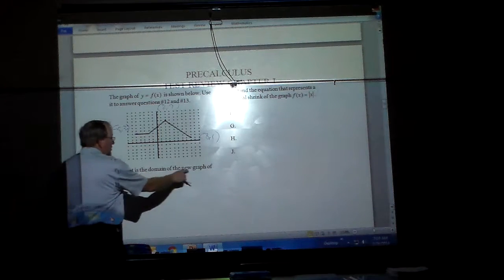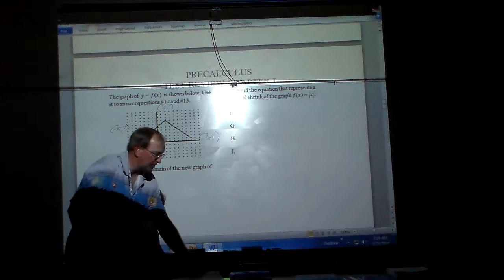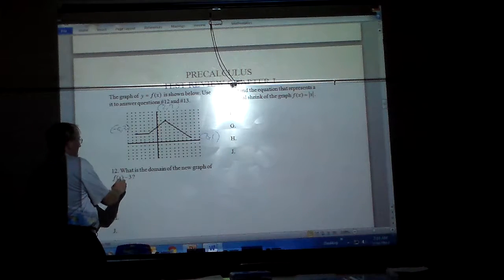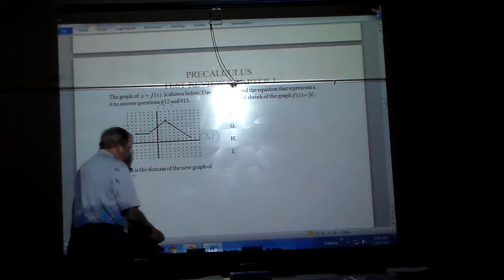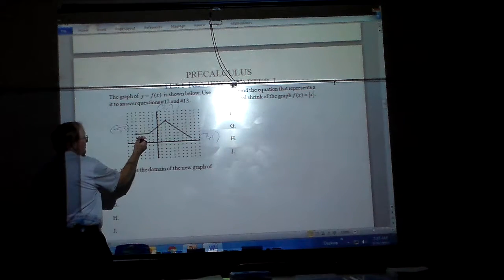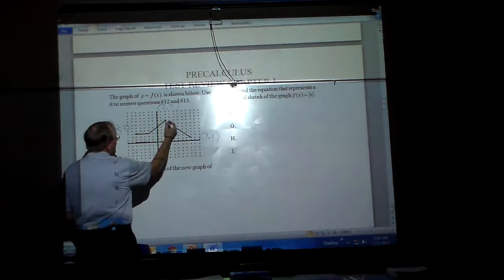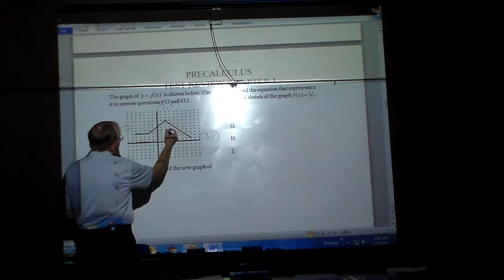Now, the domain of the new graph, that's the old one right there, will be this. Basically, I'm subtracting 3, it's not in parentheses, so therefore I'm just going to drop the whole thing down 3 dots. So this is going to go down 1, 2, 3. That one's down to right there, so my new one will look like this. That's going to go down 1, 2, 3.